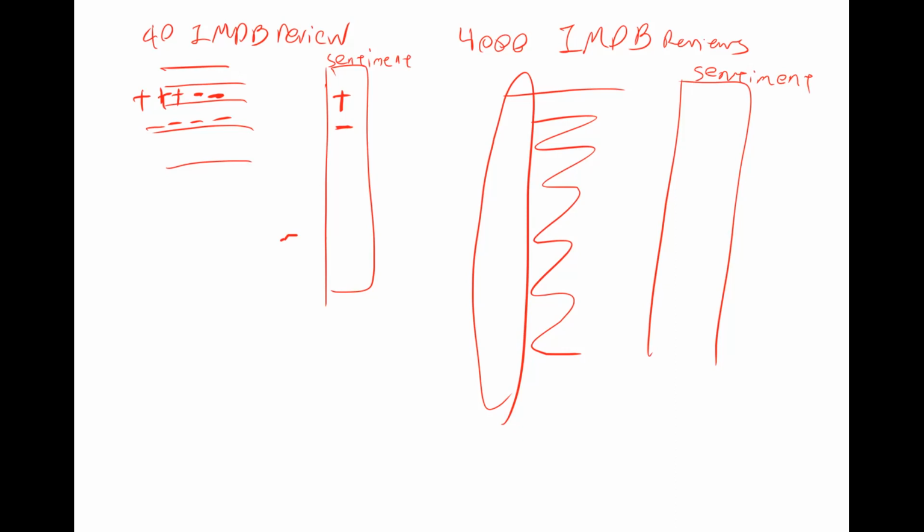Here you can either use lexicon-based prediction or classification. When you have a large corpus of sentences, you can use both of them and see which one brings better performance.